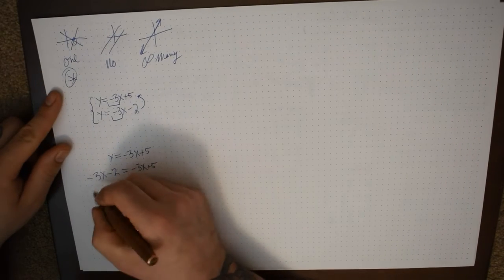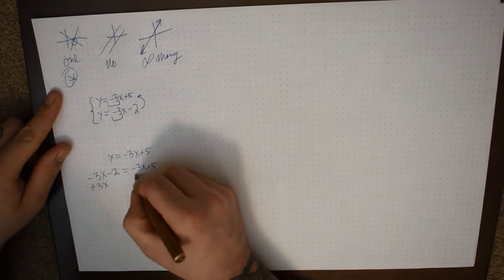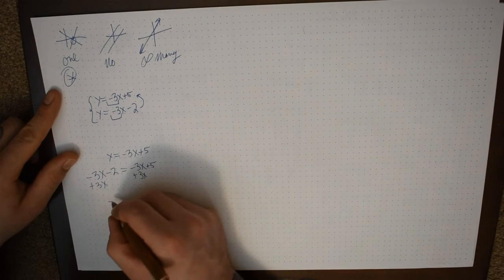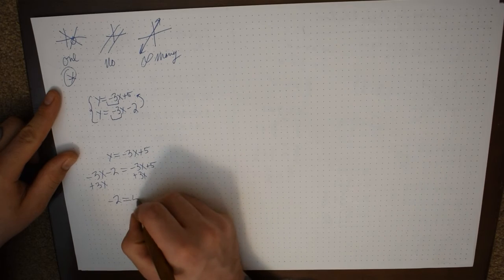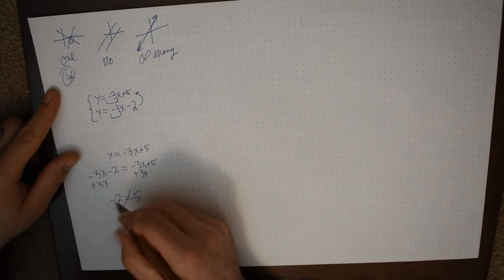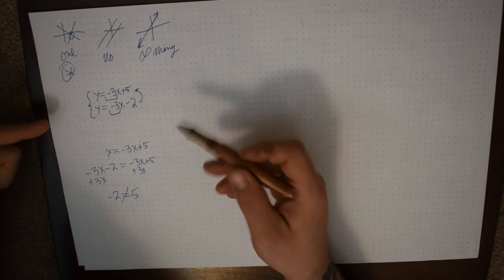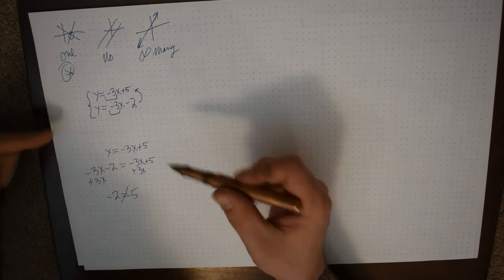Well, let's add 3x to both sides. And this equation breaks down to saying that negative 2 is equal to 5. It's most certainly not.